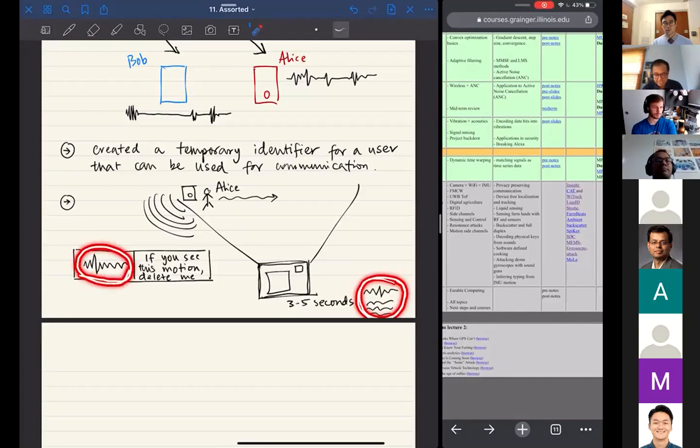That person has sent us her motion signature, and I see that motion signature in my camera data. Therefore, I know that person is this person in my camera view. I will go and Photoshop her out of my picture. Right? You're enabling communication between complete strangers without exchange of any information.